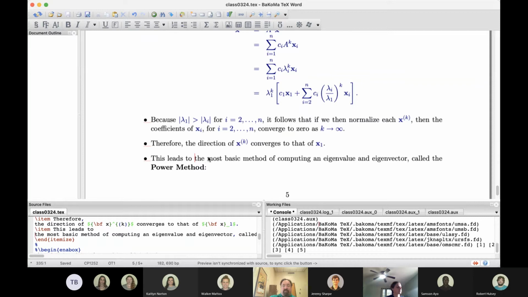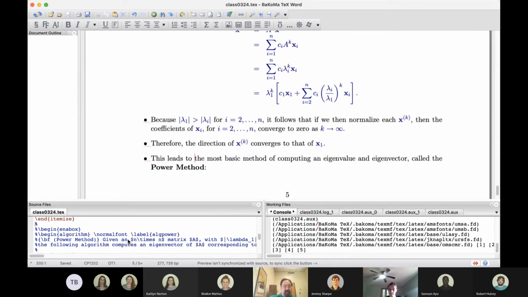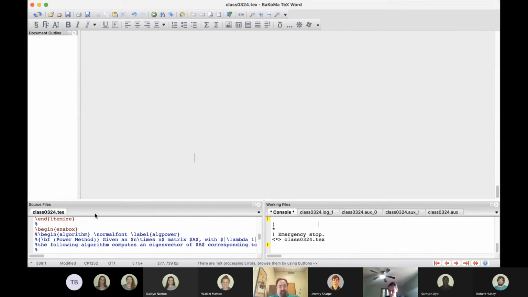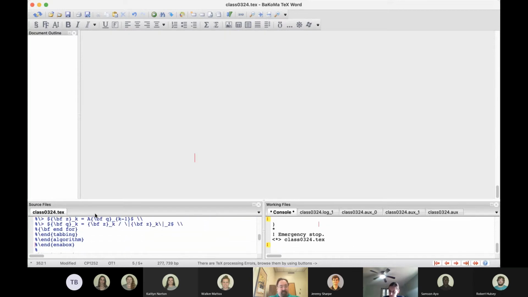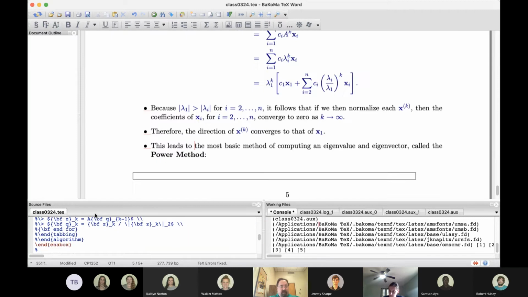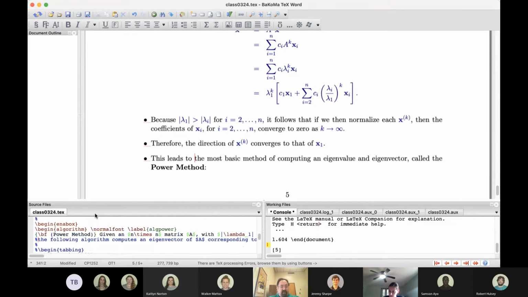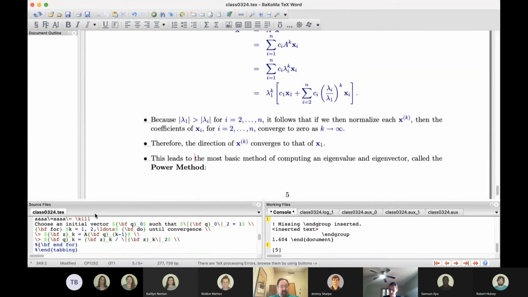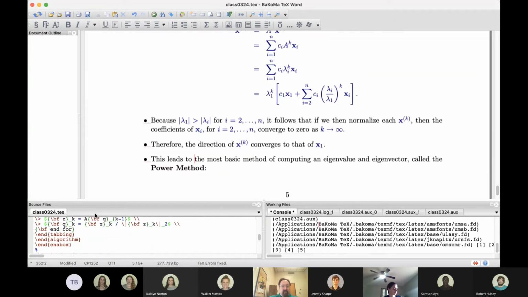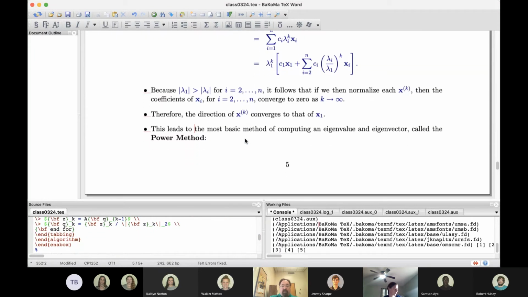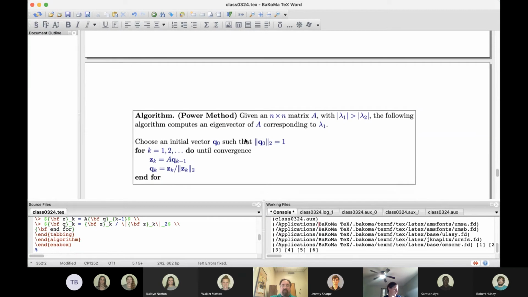So now I have an approach to finding one eigenvalue and an eigenvector corresponding to the largest eigenvalue. This is called the power method, and there's very little to it.